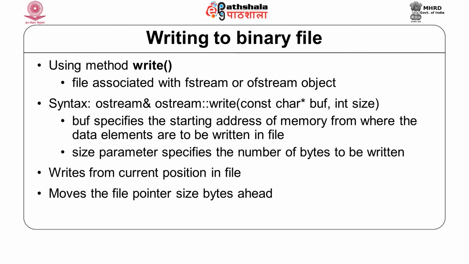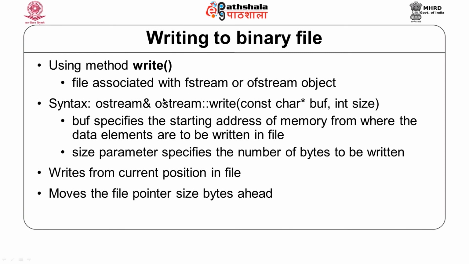So, first of all let us see how to write in the binary file. Obviously, when we are saying write, the file should be associated with either an ofstream or fstream object, and the syntax for write is write, it takes two parameters. The first one is a pointer to a character buffer, and the second one is size, which is the number of bytes to be written in the file.